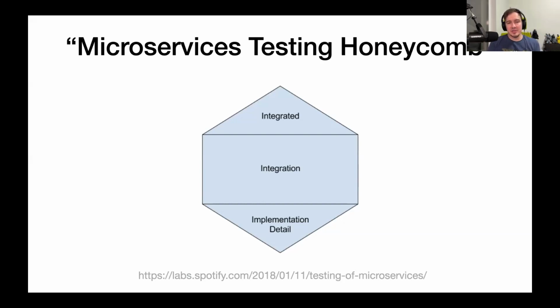And they would say that the unit tests are at the base. There are the most of them, the largest chunk of your test suite, and then integration tests in the middle, and then end-to-end tests at the very top.